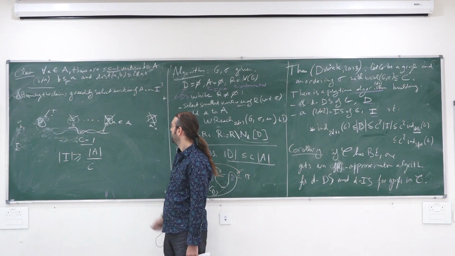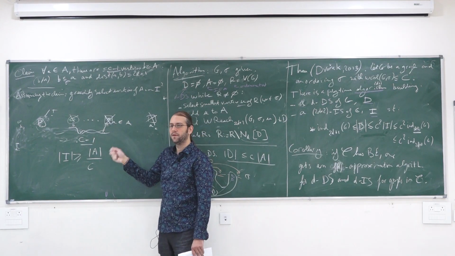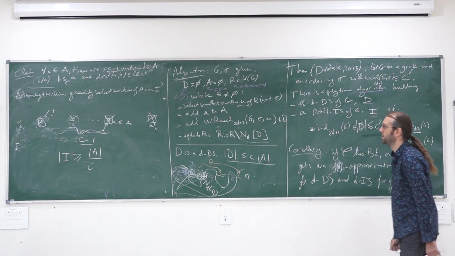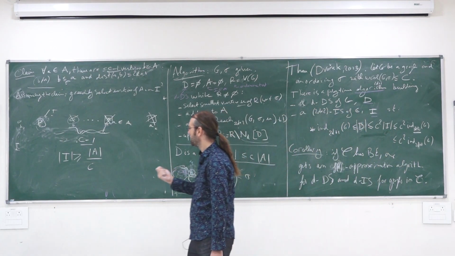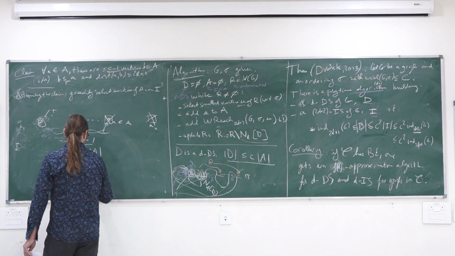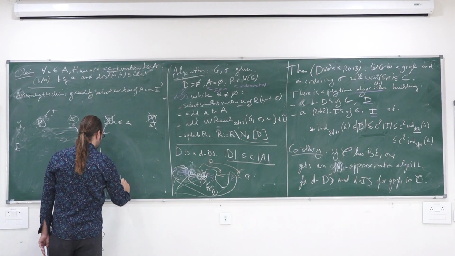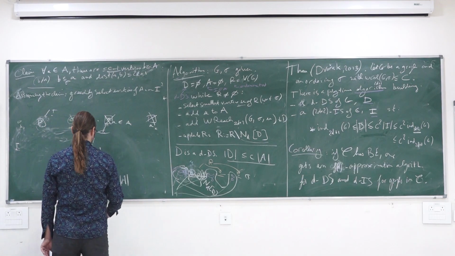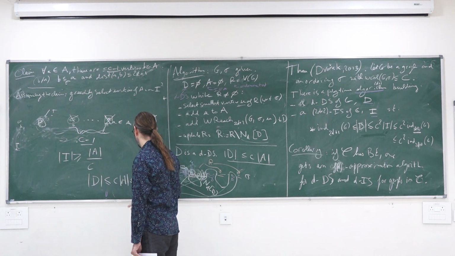So when I pick one, I forbid C, I remove C from my potential set, and then I reiterate. So it's a greedy procedure. And if we have this, we are good because that finishes the algorithm. By this inequality, you have D at most CA, but we also had A at most CI.